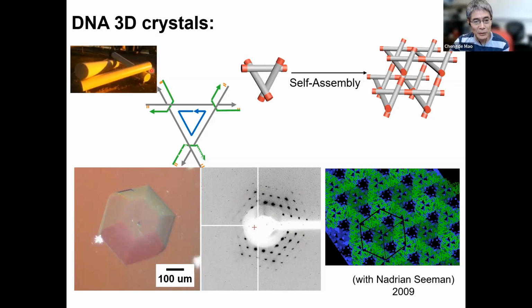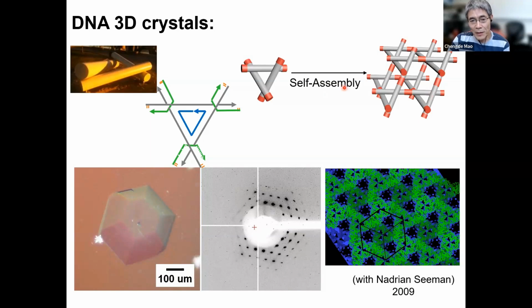Now if you think about it, each rod here is a duplex. If at the end we add sticky ends, like here colored in red, they can associate the triangles along each DNA duplex, and in the end they associate into DNA crystals.